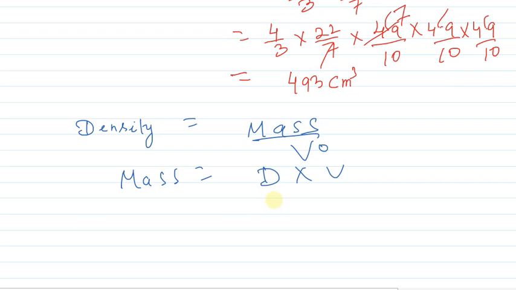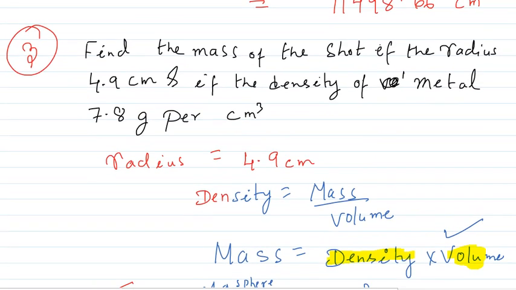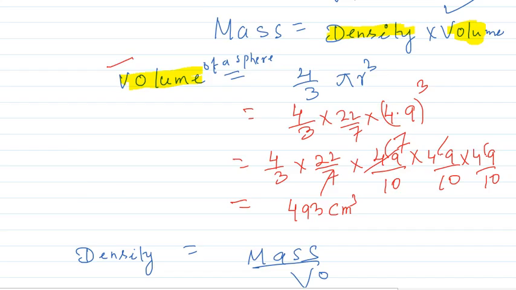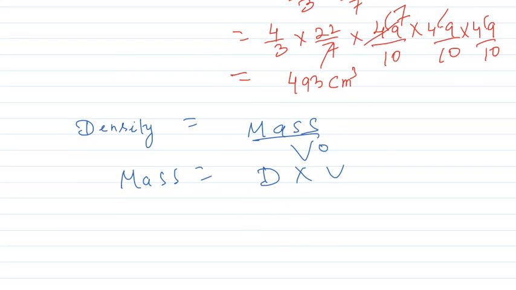So what is the density in the question? Okay, great, very good. So density is 7.8 and what is the volume? 493. Multiply, how much coming? Yeah, I have done.